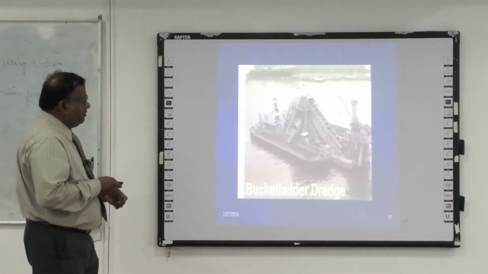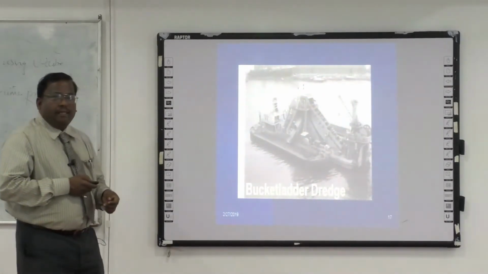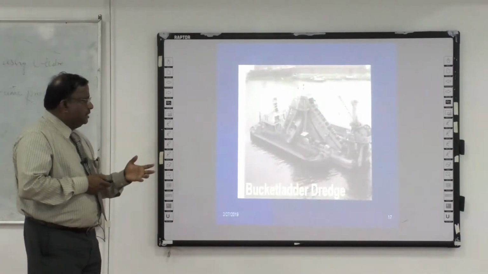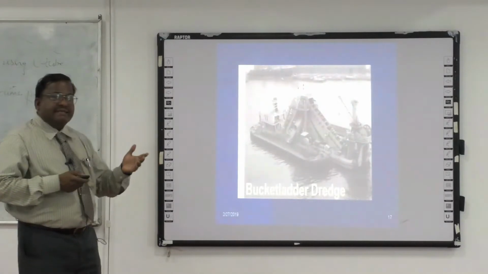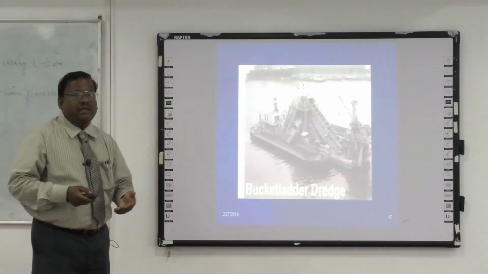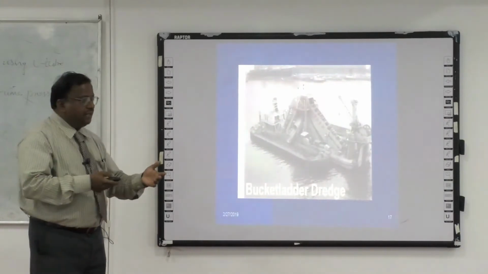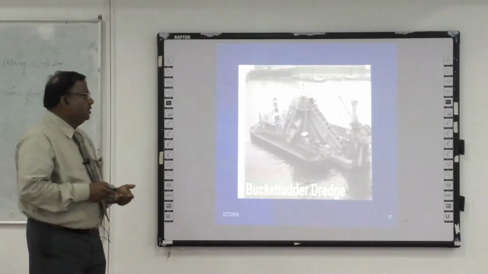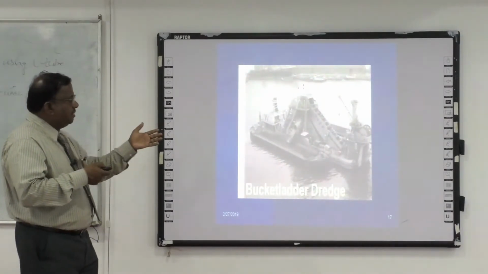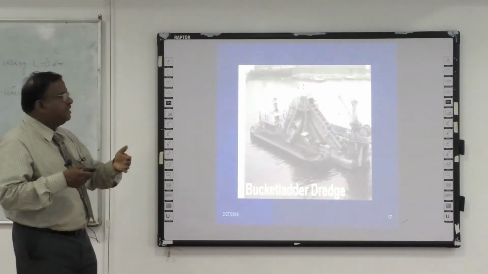Bucket ladder dredger. This is also one of the traditional dredgers which is used where there is a necessity of extensive volume of the subsoil in an ocean, or it can be a river, or it can be a lake also. So the dredger is positioned at a particular depth for several hours or weeks.